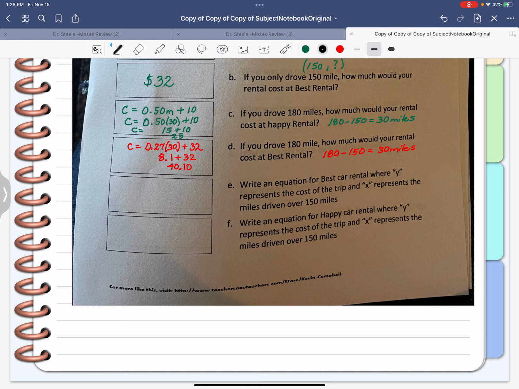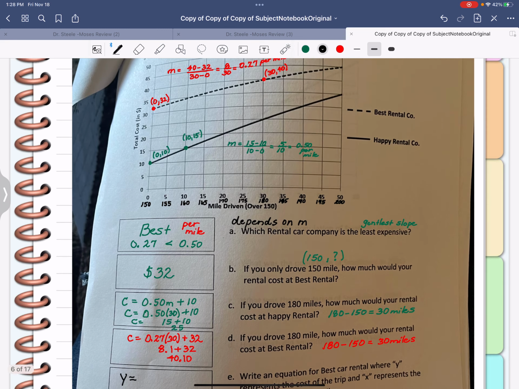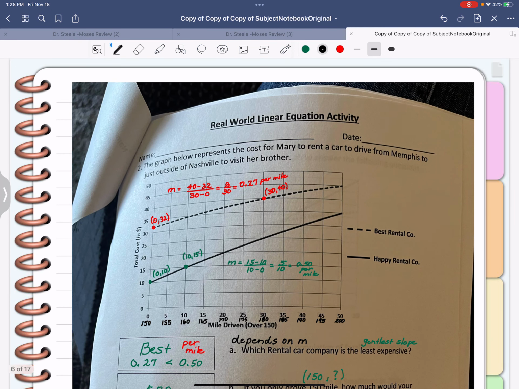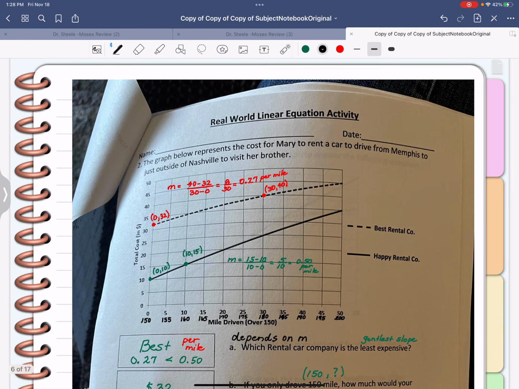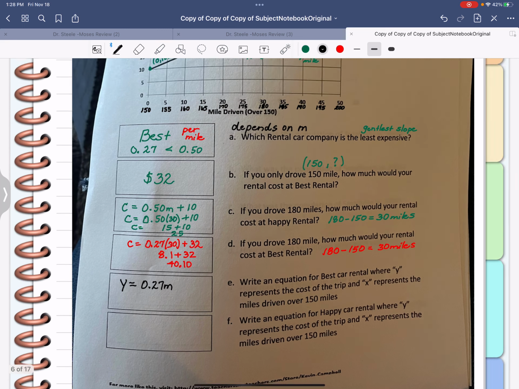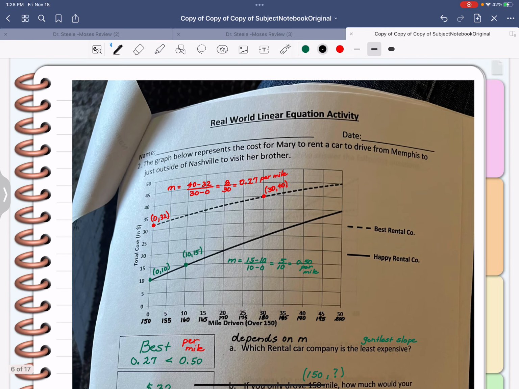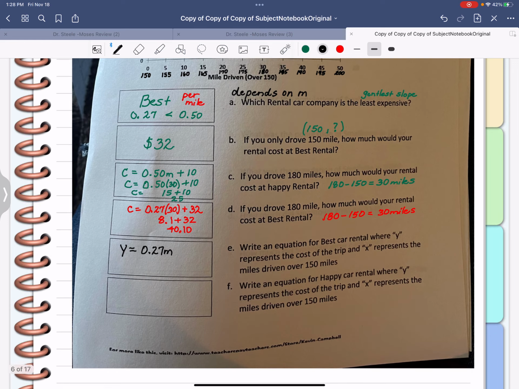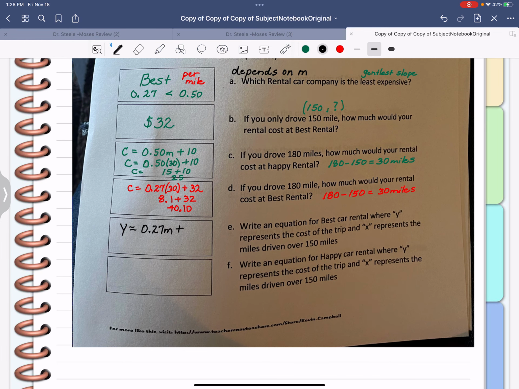So for the best car rental, Y, or cost, for best, that's the dashed line, and we found that that's 27 cents a mile. But you have to factor in the intercept. That's after you've traveled the 150 miles or spent the $32.